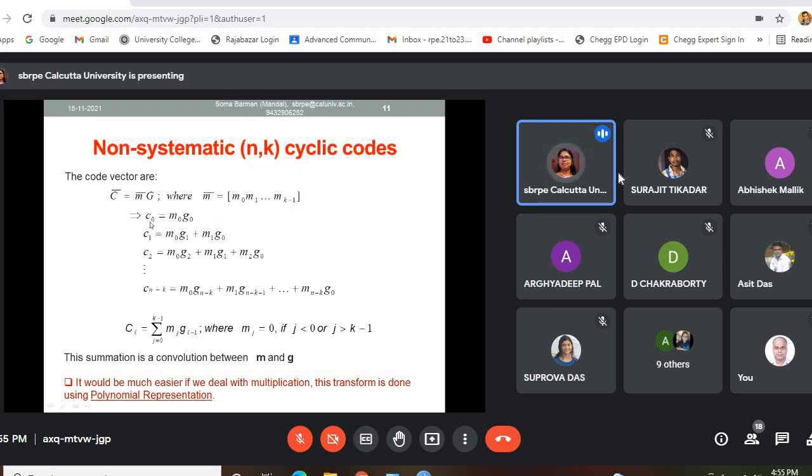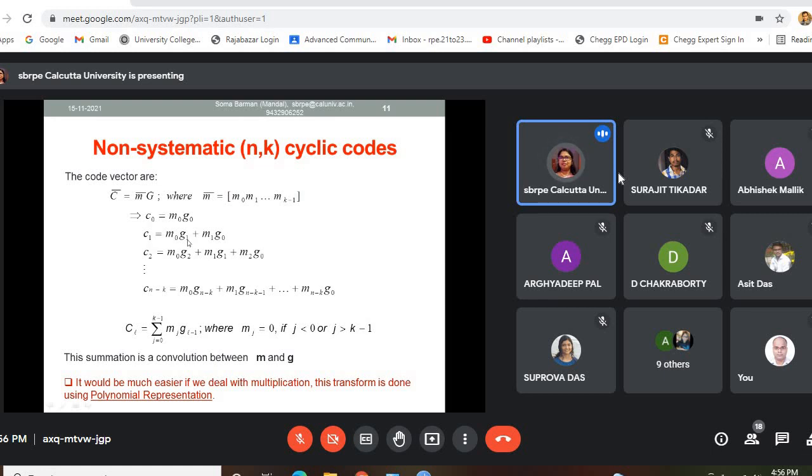So what will be C0? C0 is M0 G0, where G0 is the first element of the generator matrix. What will be C1? C1 will be M0 G1 plus M1 G0. It will be circularly shifted, so when M1 comes, it is multiplied with G0, and M0 is multiplied with G1, because the generator matrix is circularly shifted.